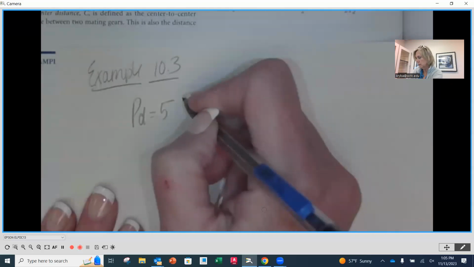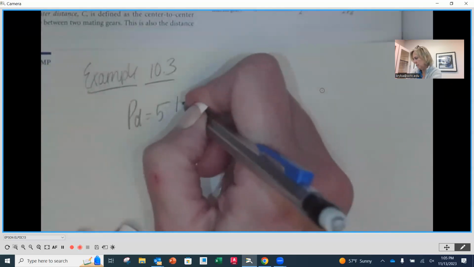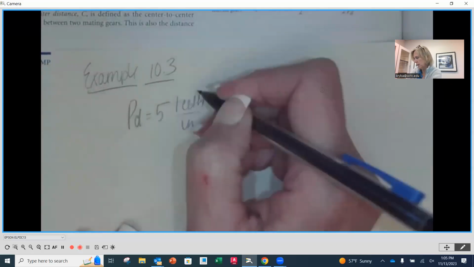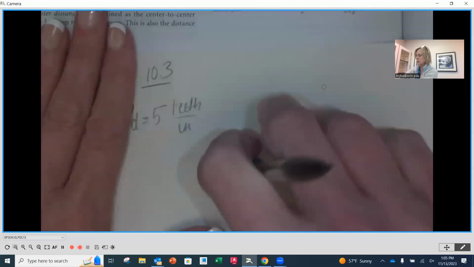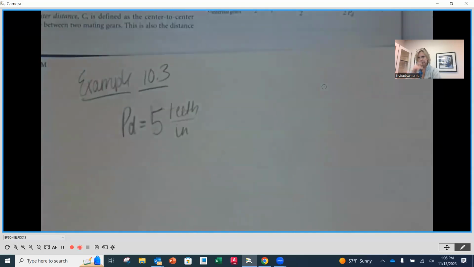And we know the units of this to be teeth per inch, exactly. So we're going to add teeth per inch right here. We know our diametral pitch is going to be 5 teeth per inch.